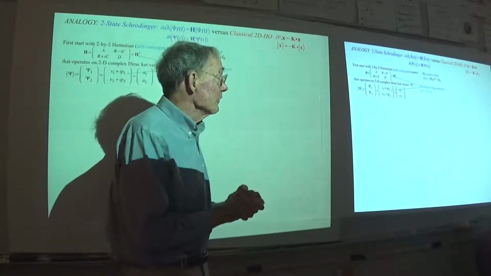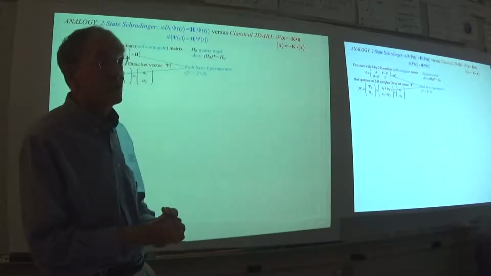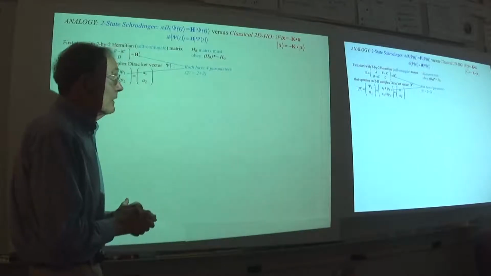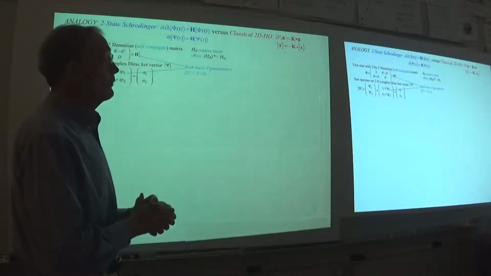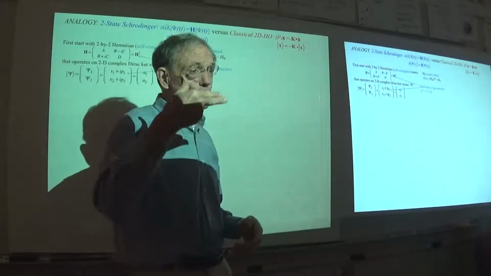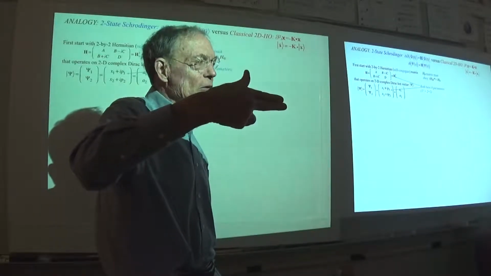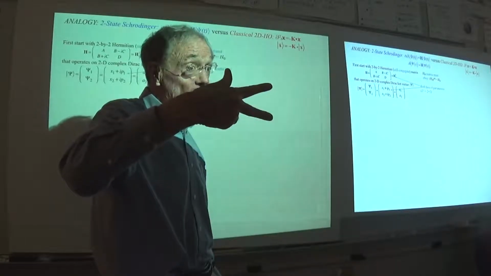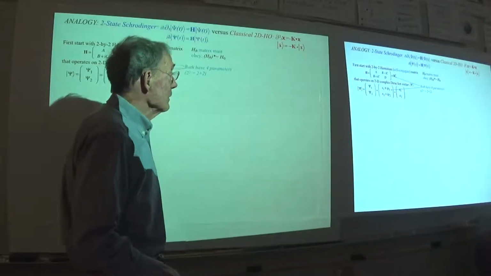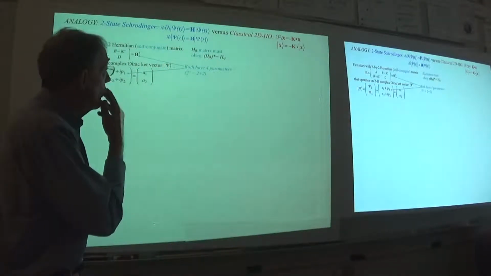And those are the 2x2 matrices that define all of the algebra that you need to do for any two-level system, whether the levels are degenerate, in which case not much happens, or when they're not, and that's when the activity that you're interested in occurs.